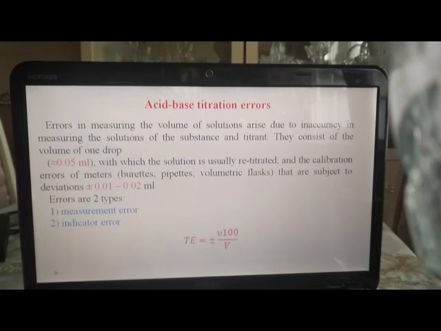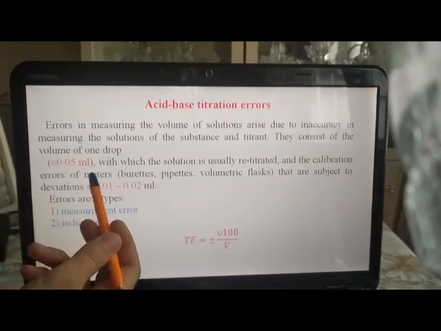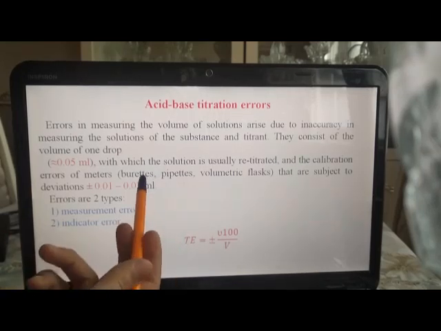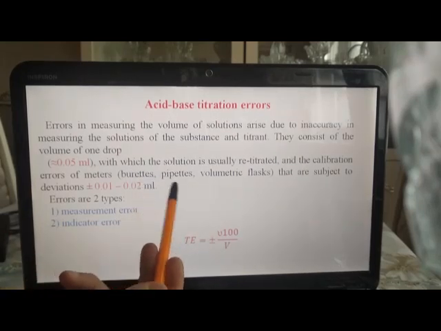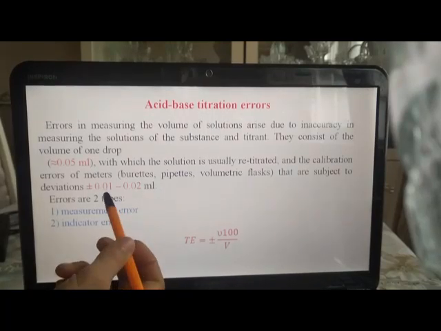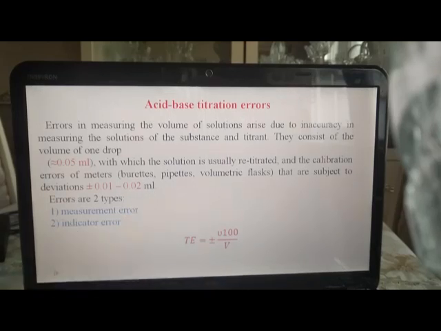They consist of the volume of one drop, approximately 0.05 milliliter, with which the solution is usually overtitrated, and the calibration errors of measuring vessels, for example burettes, pipettes, volumetric flasks, that are subject to deviations of plus or minus 0.01 to 0.02 milliliter. There are two types of errors.